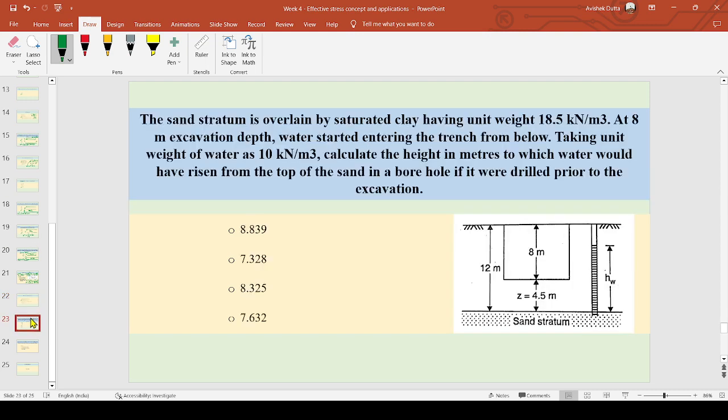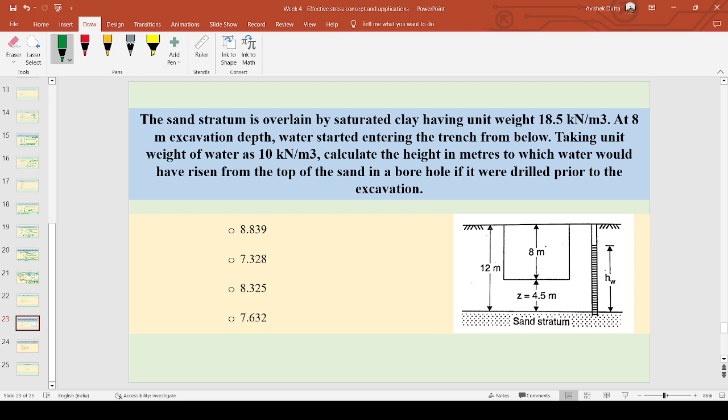Now the next question is to find out the height of the water in the borehole. So as I mentioned, this borehole was drilled prior to the excavation.